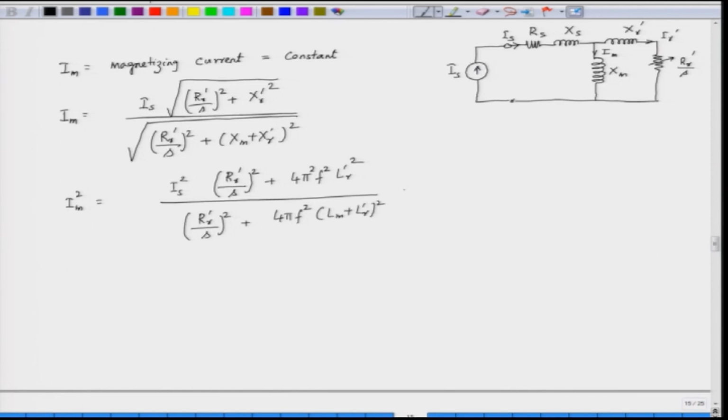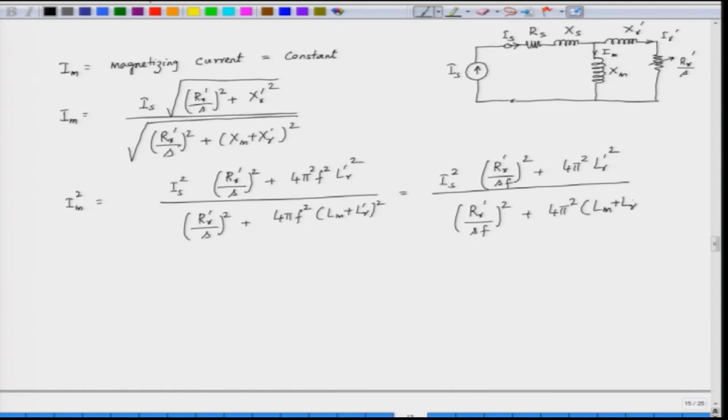We divide by f square, so that is equal to Is square into (Rr by Sf) whole square plus 4 pi square Lr square, divided by (Rr by Sf) square plus 4 pi square (Lm plus Lr prime) square.